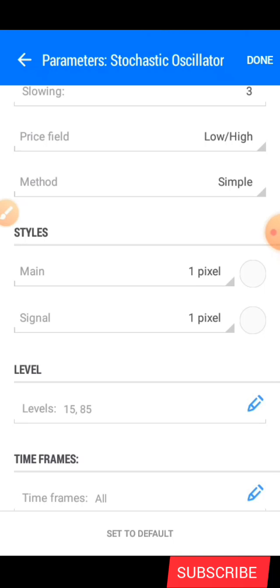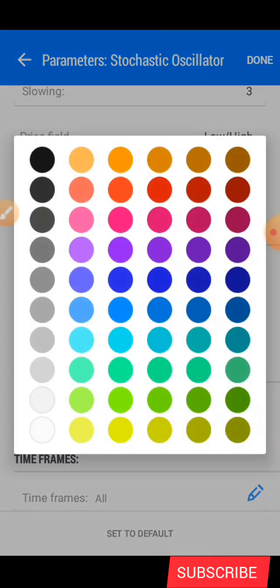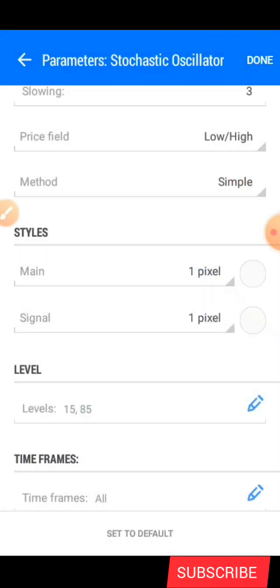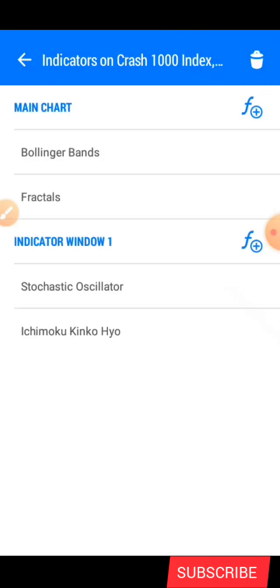Then you set the color of your background. I use white right here because I'm using a white background, and then you make the pixel 1 pixel. After that, you click on done, and then our last indicator right here is the Ichimoku.